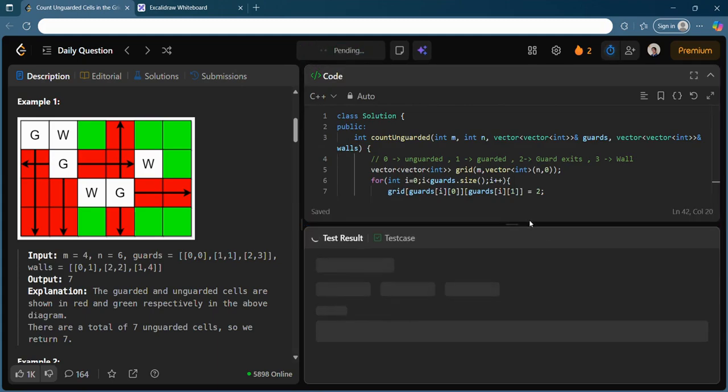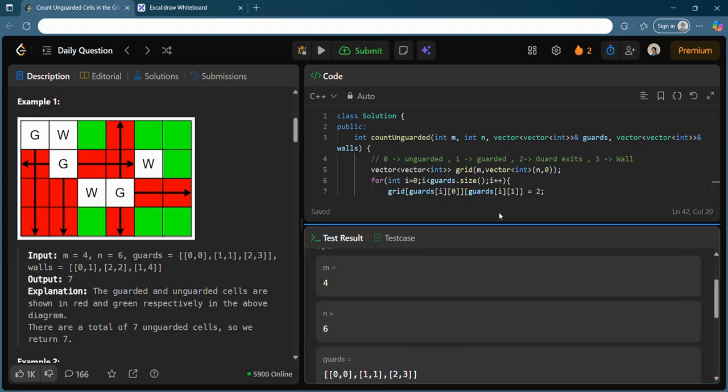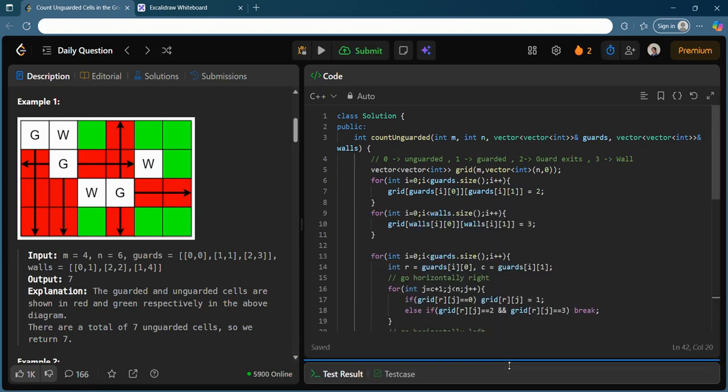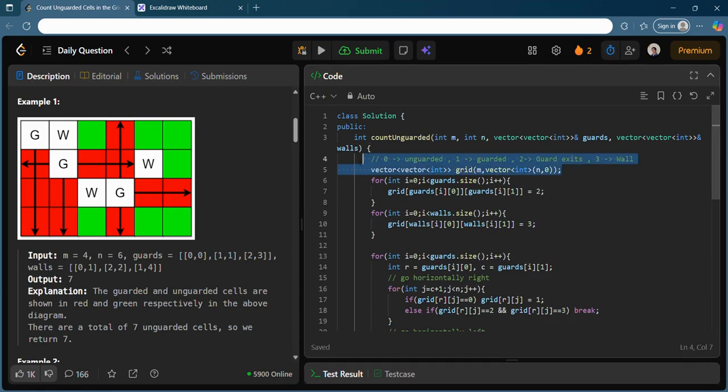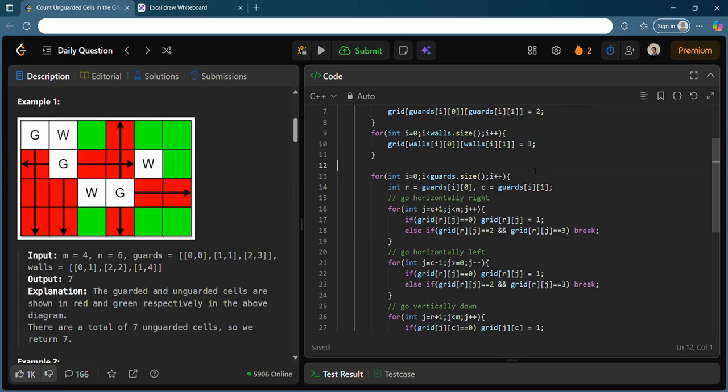If you try to submit it and check, I don't think there will be any errors, but let's try to see. Okay, we are getting a wrong answer, so we will try to see which portion we made a mistake in. So you see the grid we initialized, we marked all the guards and the walls with 2 and 3, and we are iterating through the guards.